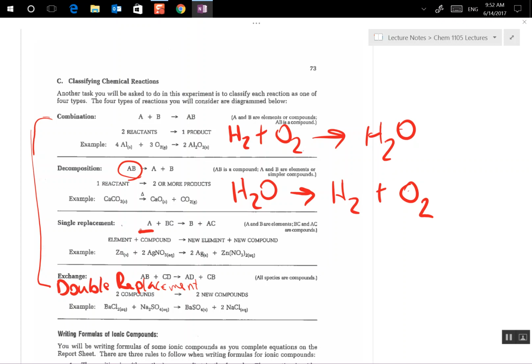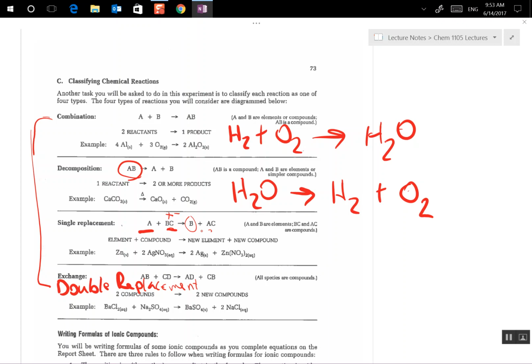You take a metal and an ionic compound, BC, with a positively charged B and a negatively charged C. B has a greater affinity for electrons than A, so B picks up A's electrons, and then B bounces out and gets displaced by A. Now A is positively charged, so it's the cation, and it's going to combine with the anion C. You have displaced one of those.